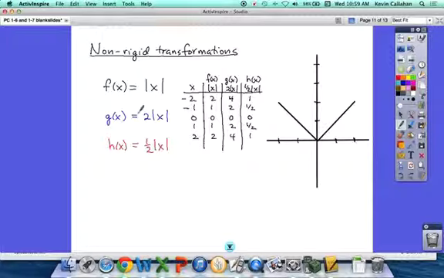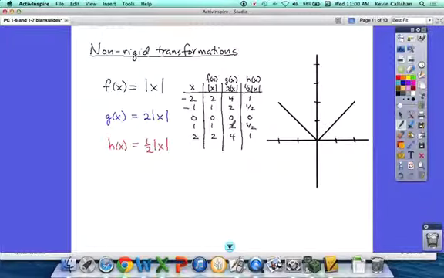Okay. The first time when I multiply it times 2, notice what happens to all of the y values. These are our x values from negative 2 to 2: negative 2, negative 1, 0, 1, 2. For f of x, that's what's already graphed: 2, 1, 0, 1, 2. That's the V. What happens when I multiply all those y values by 2? It becomes 4, 2, 0, 2, 4.